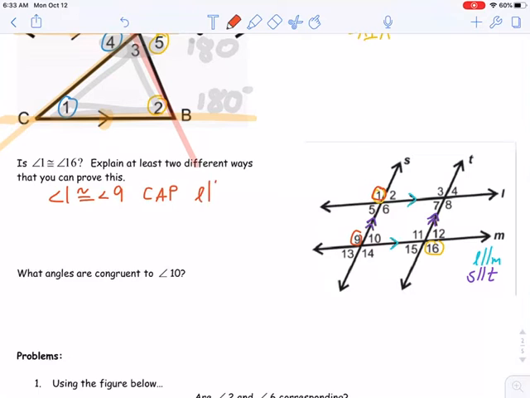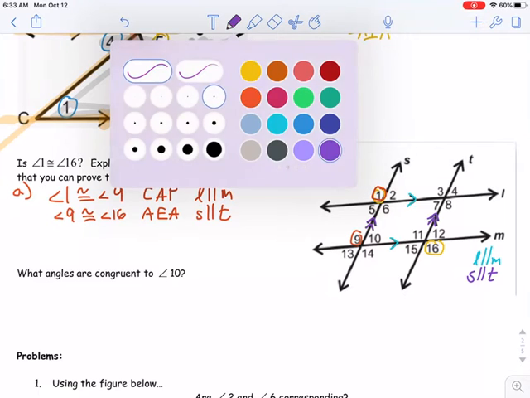And because L is parallel to M, we know that works. And then I could also say, well, 9 is congruent to angle 16 because they're alternate exterior angles, and S is parallel to T. All right, so it says 2 different ways. That's way number A.